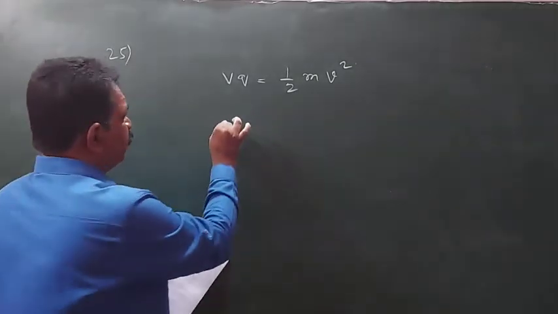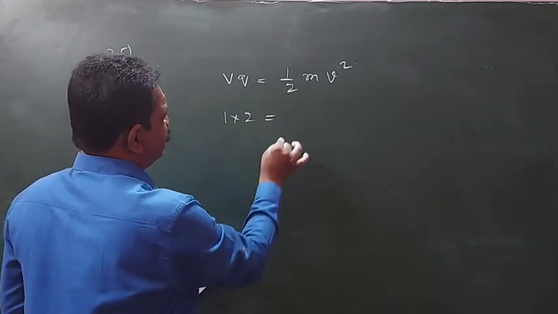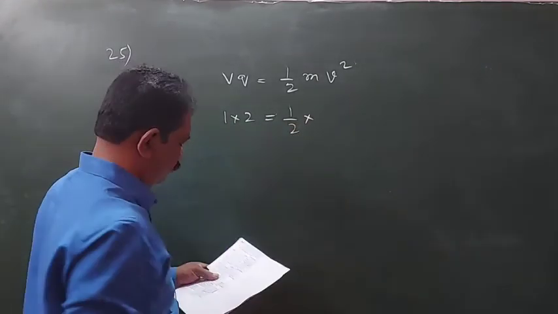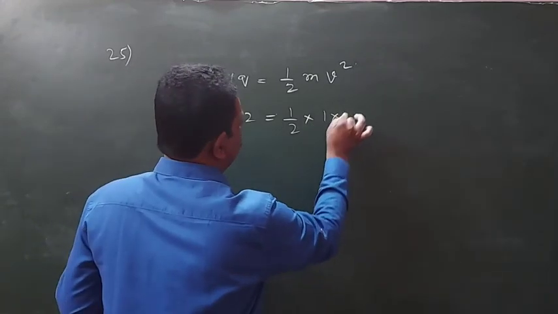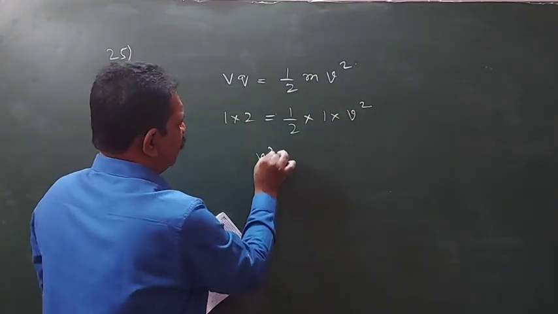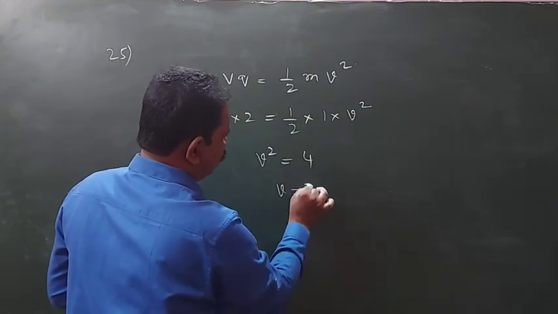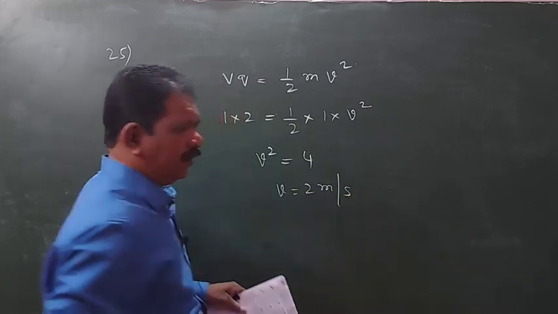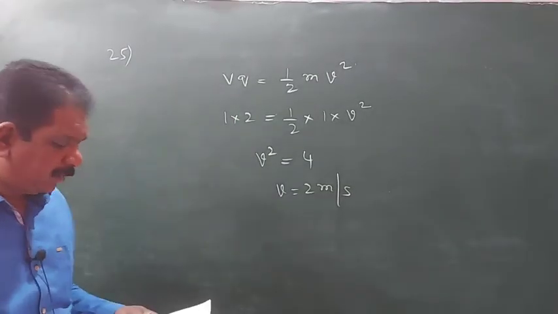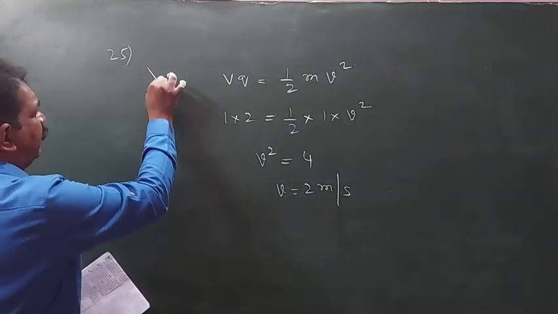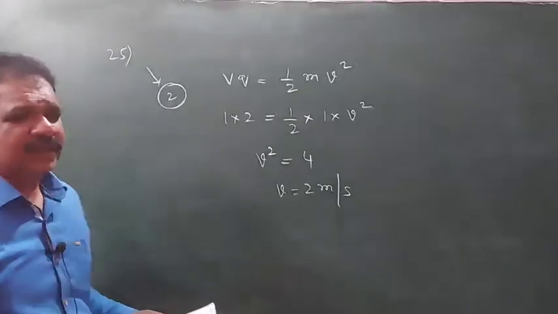This is 1. This charge is 2. 1 by 2. Mass will be 1. Velocity how much? V square is equal to 4. V is equal to 2 meter per second. 25. It will be second option.